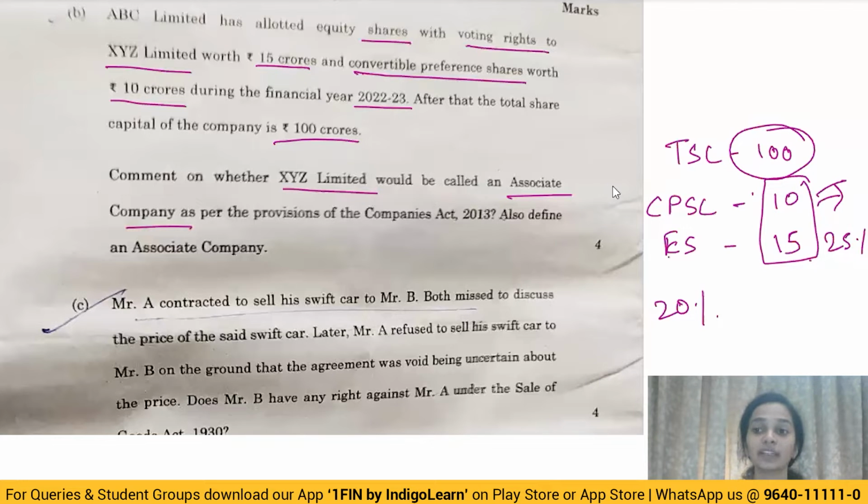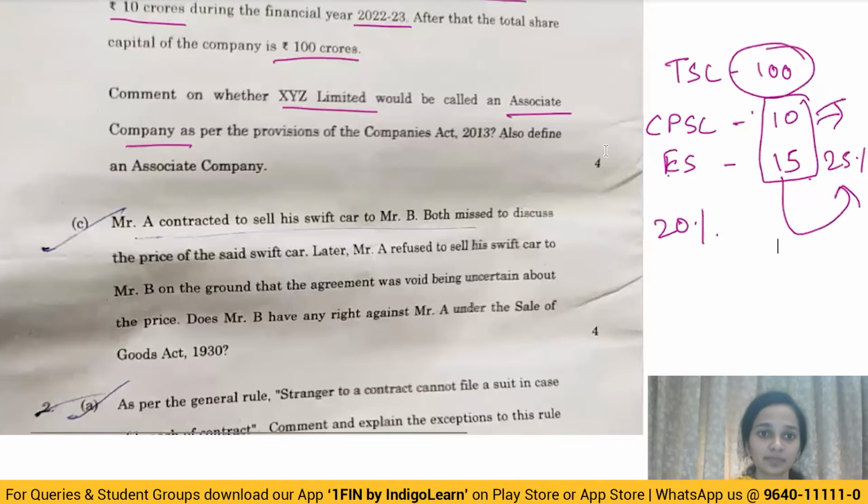So their holding here becomes 25%. Now, when we look at whether there's an associate relationship between companies or not, the threshold limit is at least 20%. And here it is 25%. So yes, the company would be an associate company. Again, a very simple question. Moving on to the next question.